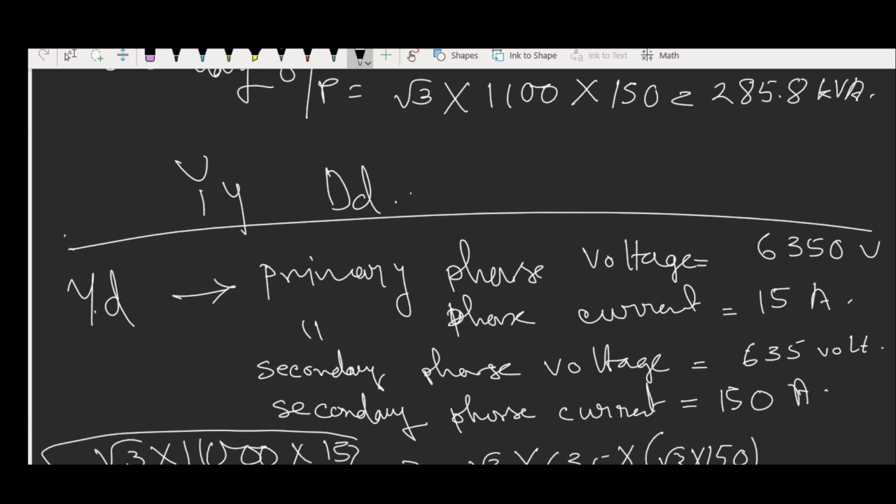So basically you are going to get the same result, right? Here also you will get 285.8 kVA, and similarly you can verify for the last delta-star problem, you will also get the same result, right?